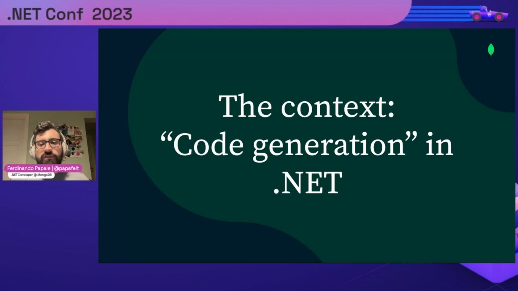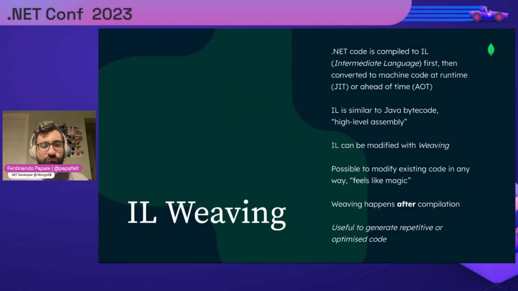Then we have to see how these are actually used in the .NET SDK of Realm and why we decided to move from one approach to the other one. Before going to the main part of the talk, I want to first introduce what is IL weaving, and then we'll see what is source generation.